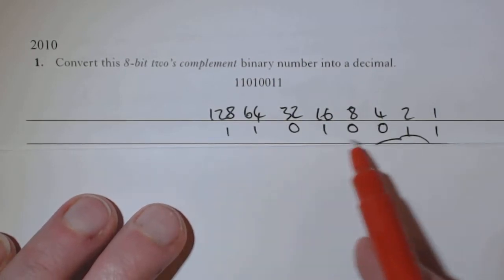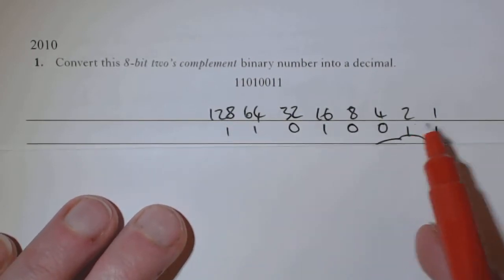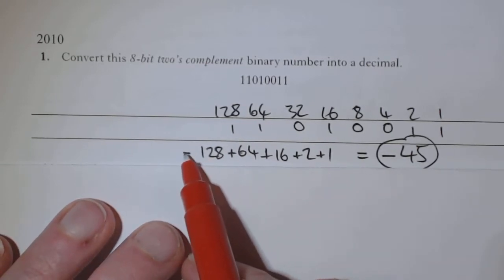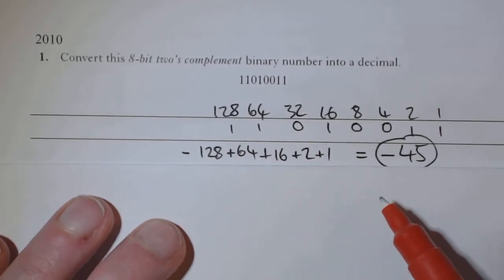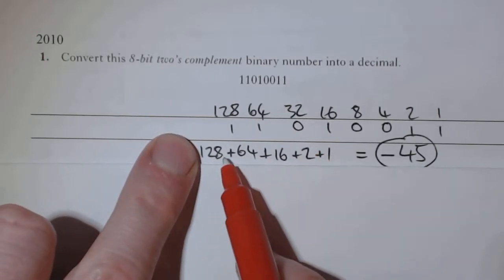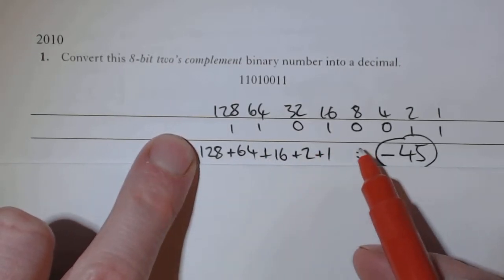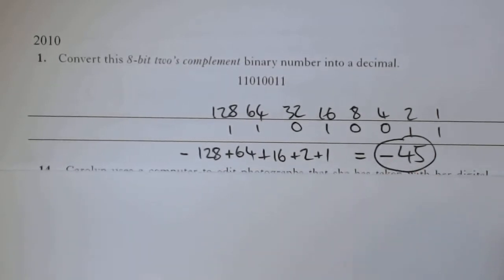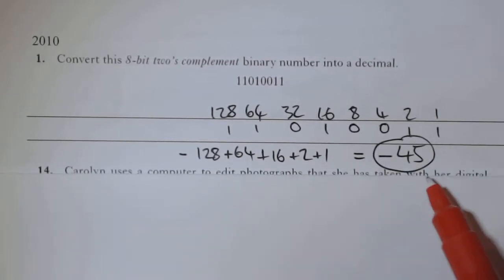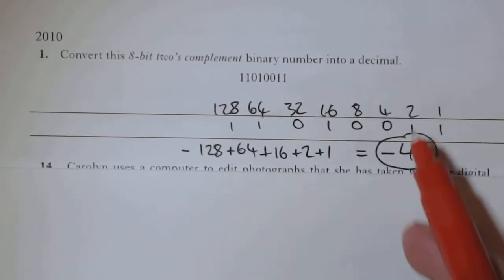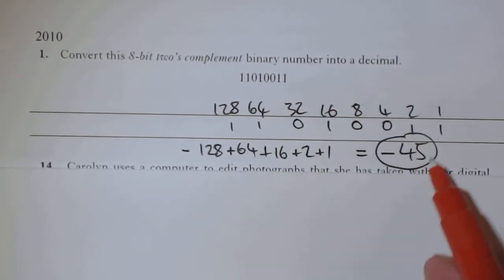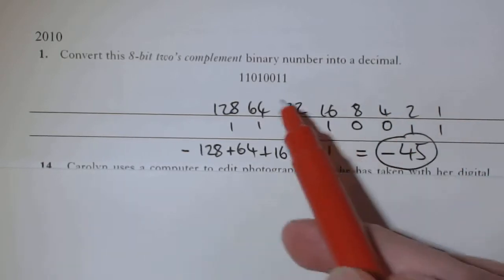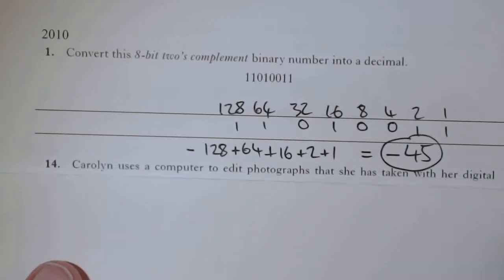But instead of just adding all the ones that have a 1 under it, you initially add them, but at the start you just put a minus because it's going to be a minus number. So you'll just essentially write down the sum that you'd initially add, just put a minus, and when you add them all up you get minus 45. You can check to see if it's correct if you just do the 2's complement of this. So you would do 45 in binary, you'd then flip it, and you would then add 1, and that should actually give you that number there.